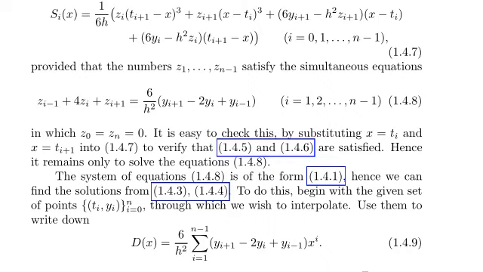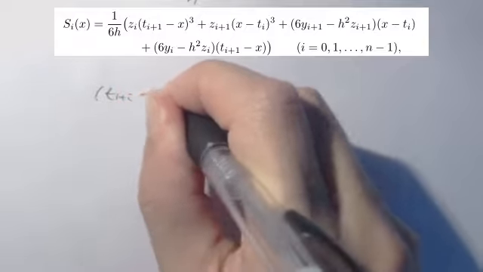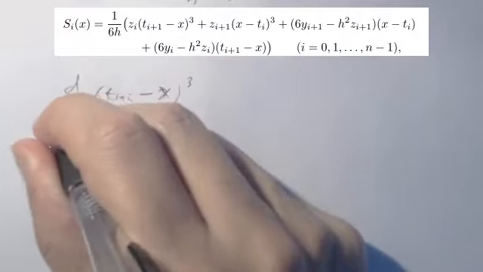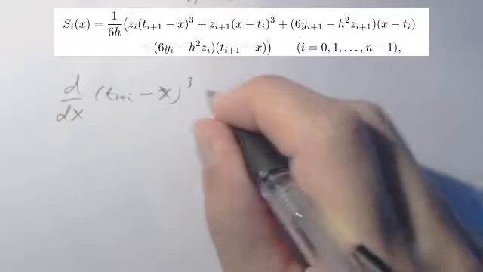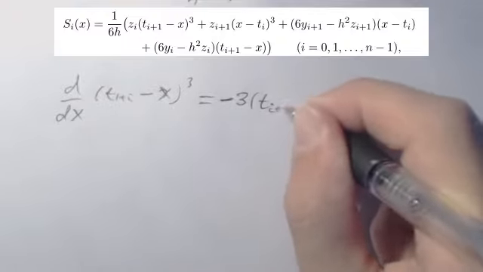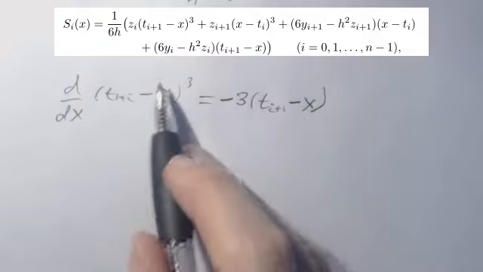So let's check that. If we differentiate with respect to x, I'm just going to consider the terms that x appears in. So we have ti plus 1 minus x cubed, and if we differentiate that, it's going to be minus 3 times ti plus 1 minus x squared.